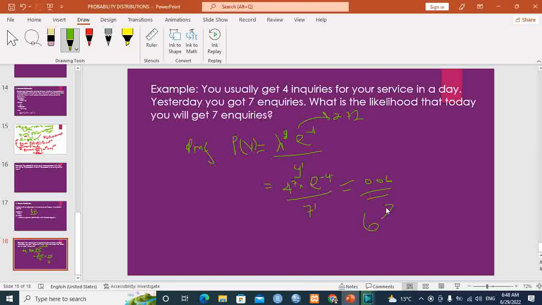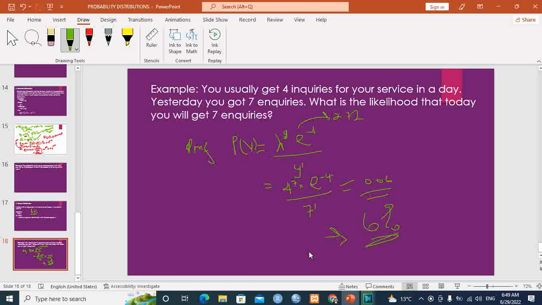So this is a very small, insignificant probability that you are expecting 7. So in this case, you are going to save on the number of customer service staff. You can give them another task to handle today because you are not expecting as many as yesterday.